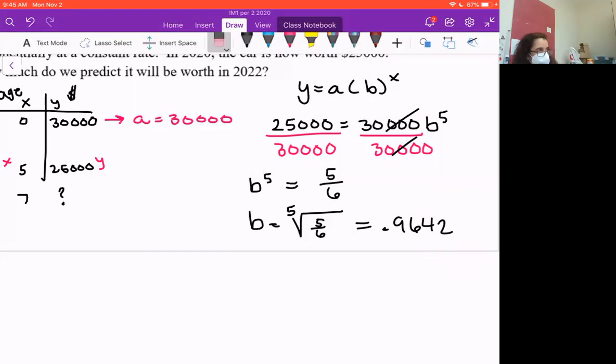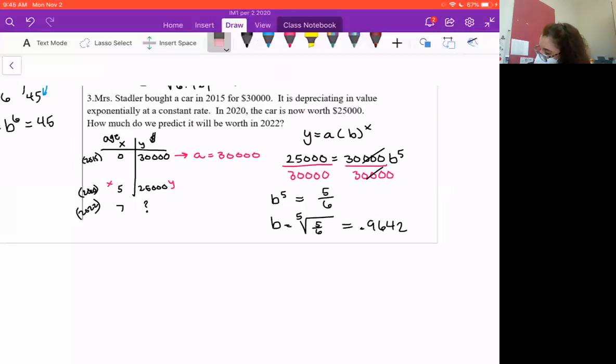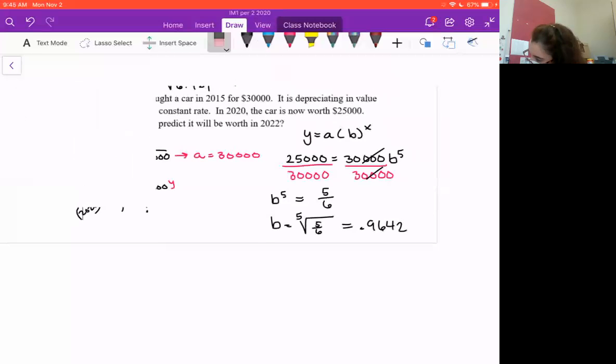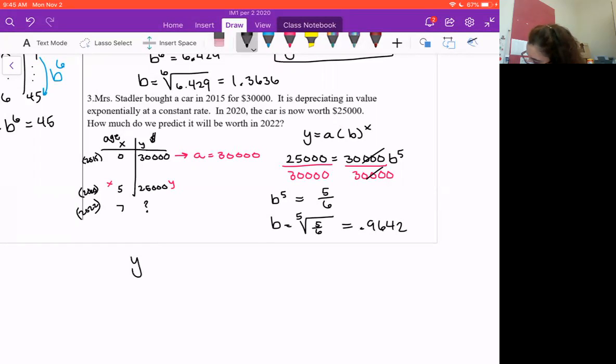That means my car is losing about 4% of its value every year, because that's about 96%. Okay, how much is my car going to be worth in 2022? So Y equals my original value multiplied by my B raised to the 7th power.